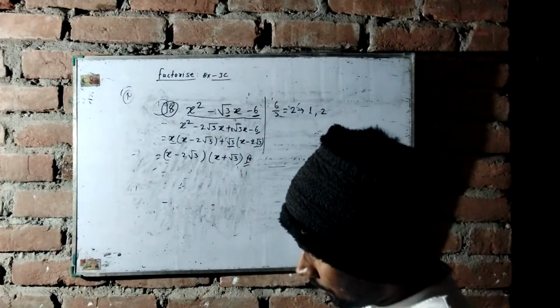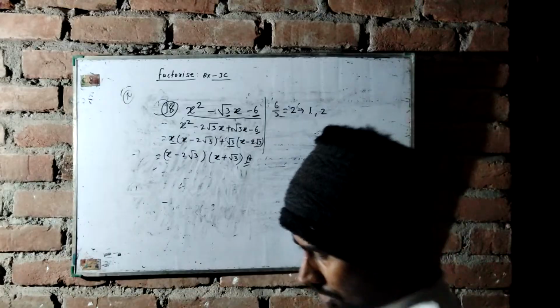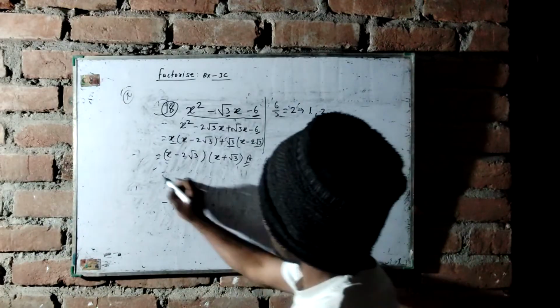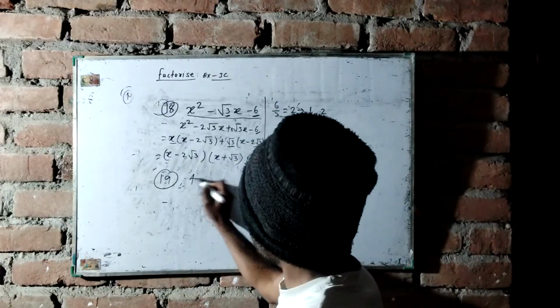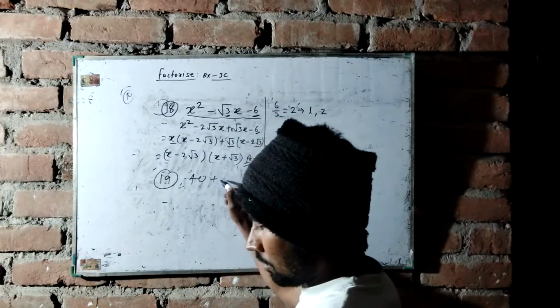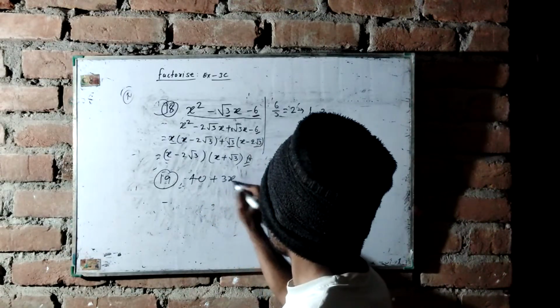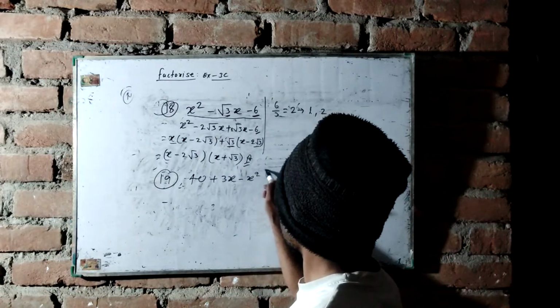Now let's go ahead to the next question, question number 19. Question number 19, 40 plus 3x minus x squared.